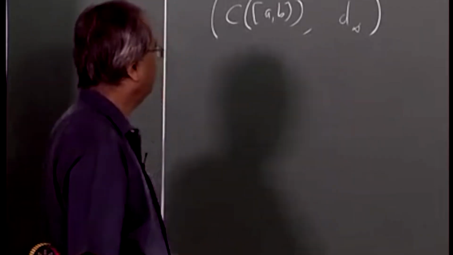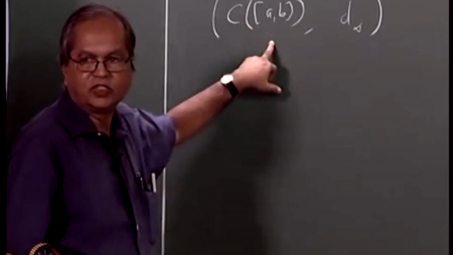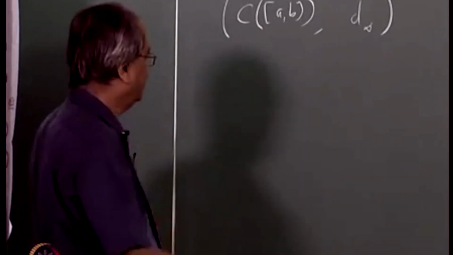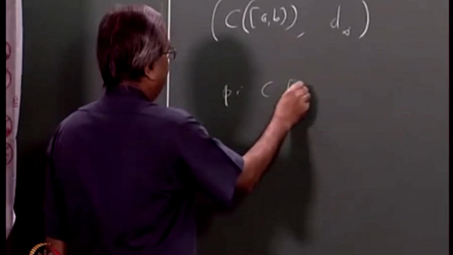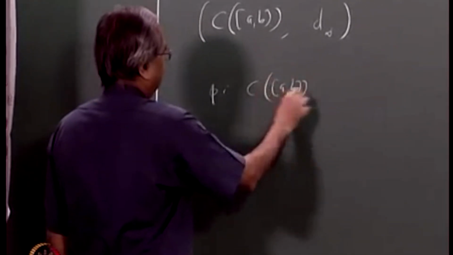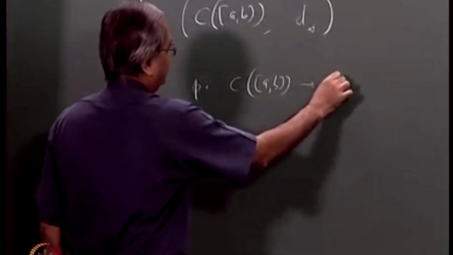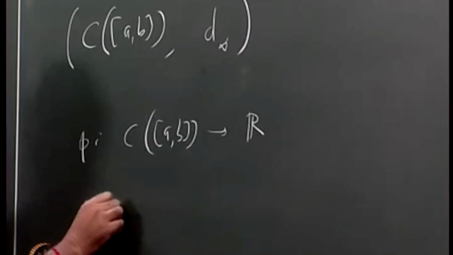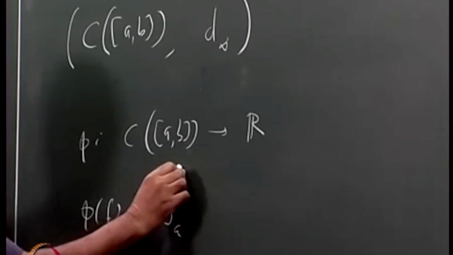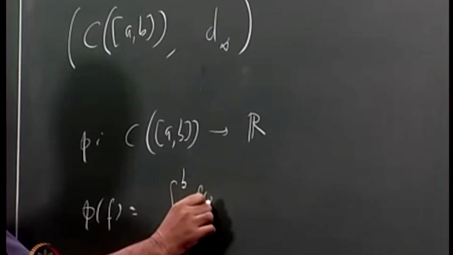Now we also know that this C[a,b] is a vector space. So one can define a map phi from C[a,b] to R. Let us talk of Riemann integrals only for the time being. I define phi of f as integral a to b f(x) dx.